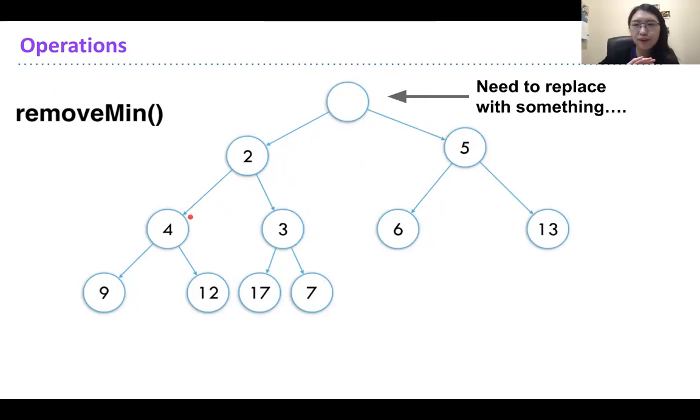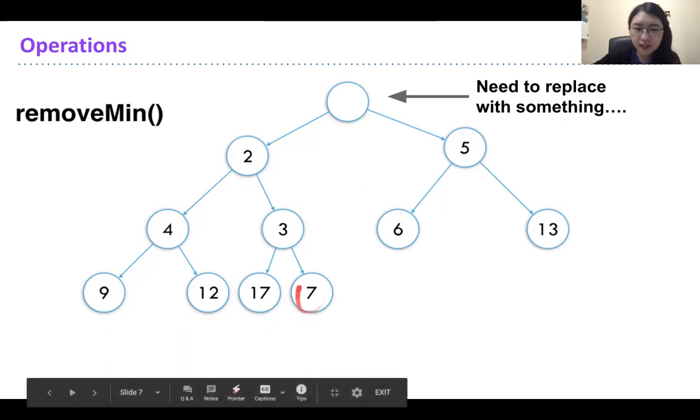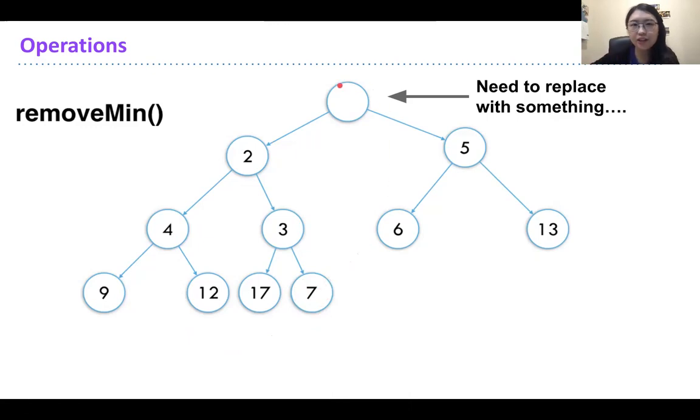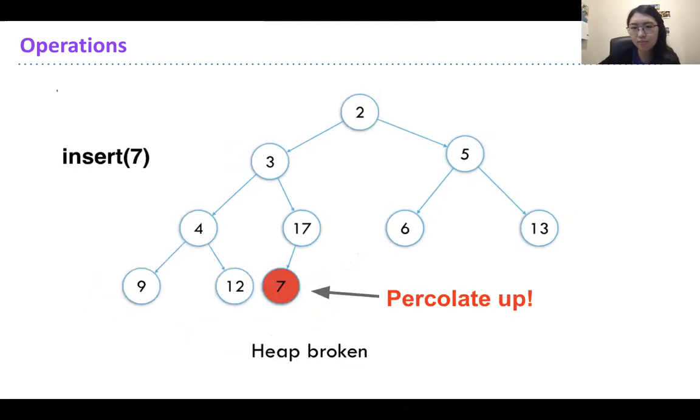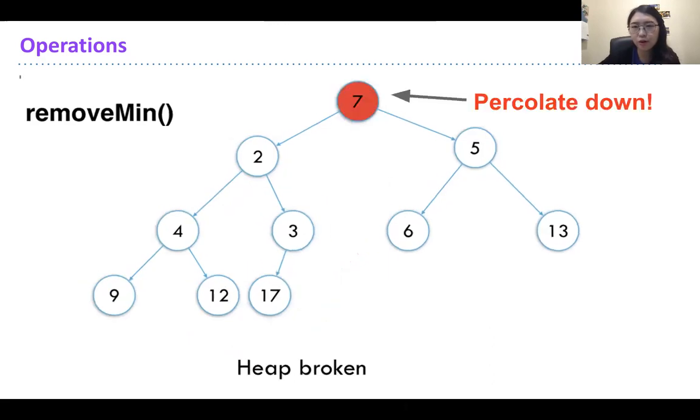Then we'd need to modify the entire heap. But if we take the very rightmost value at the very last level and make it our temporary root, then we can simply percolate down and get it to its right place. So make sure that you call percolate up and percolate down in the appropriate scenarios.